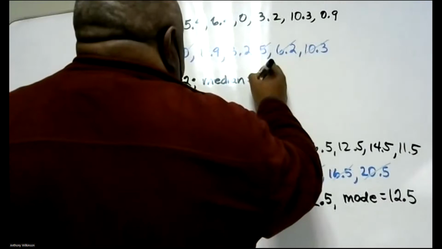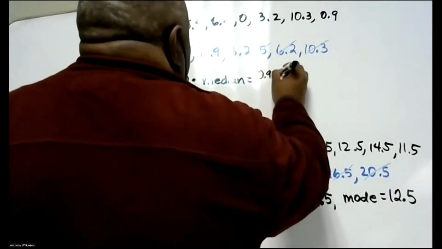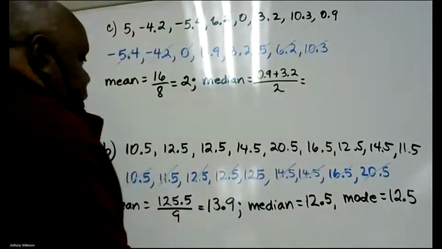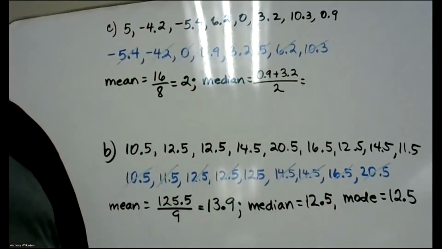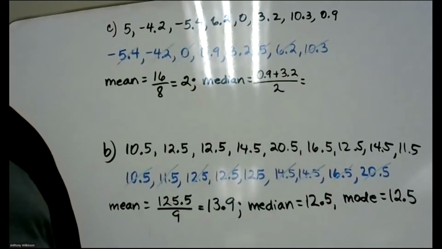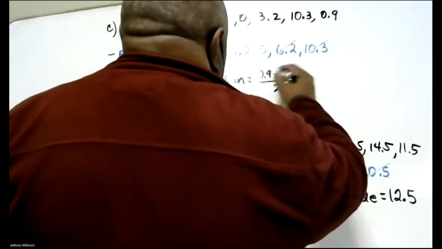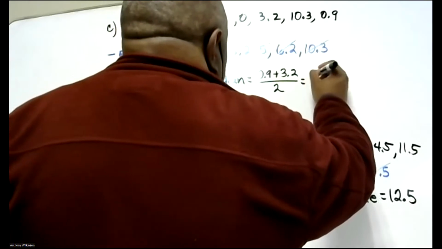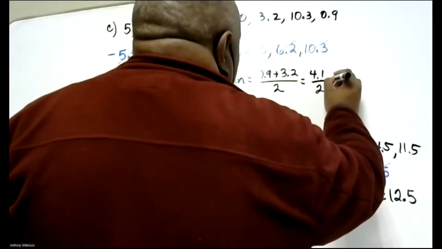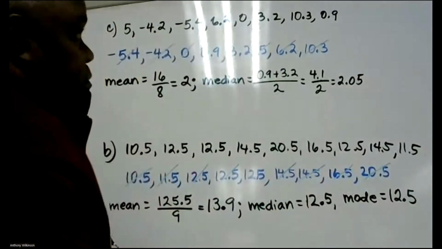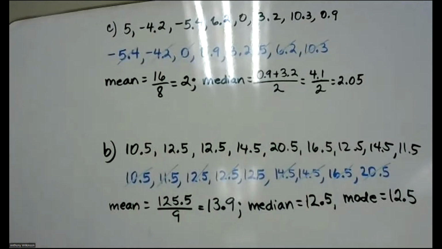So I need to take the average of those two, 0.9 plus 3.2, divided by 2. Because that's 4.1 divided by 2, which is 2.05. So the median of this data set would be 2.05.